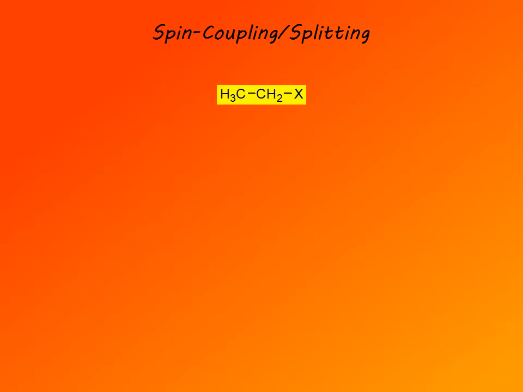And the number of lines in a signal, or multiplicity of the signal, corresponds to the number of protons on the neighboring atoms. Each neighboring proton can have spin that is either parallel or antiparallel to the applied magnetic field. If it's parallel, then it reinforces the applied magnetic field.